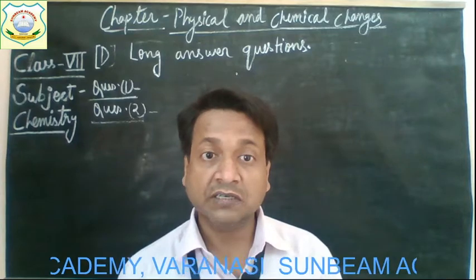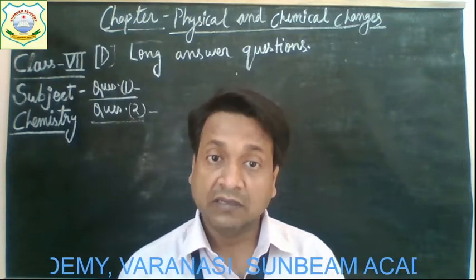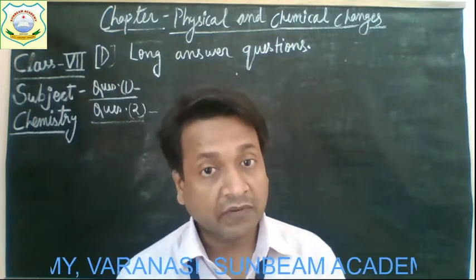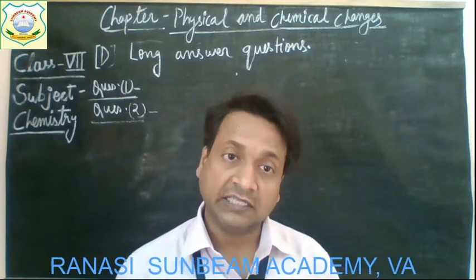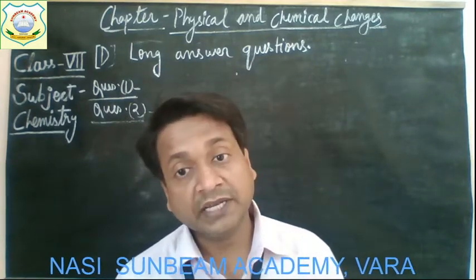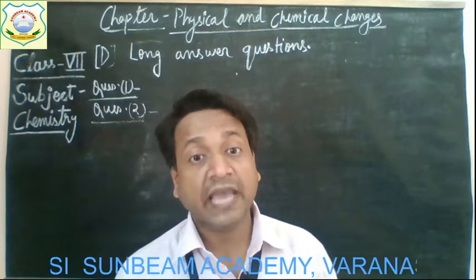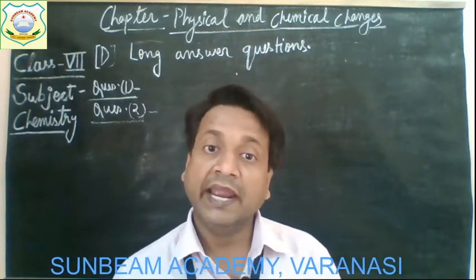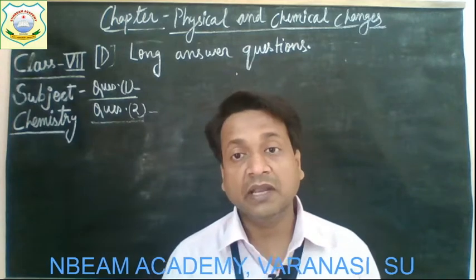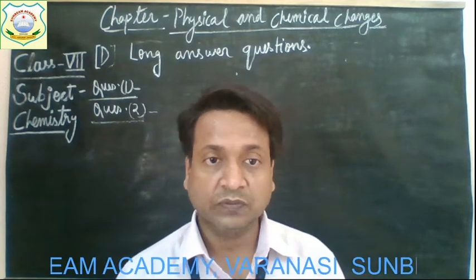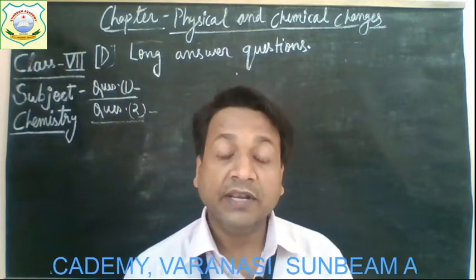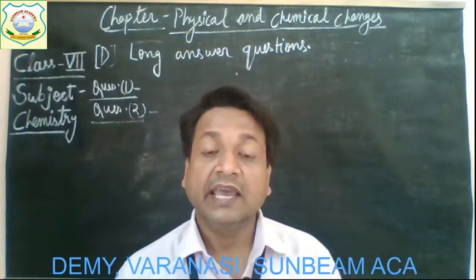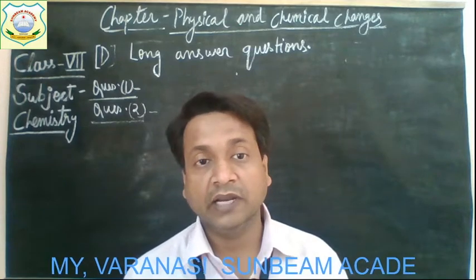So in this question you first have to give the answer, what will happen when dilute hydrochloric acid is added to calcium carbonate. After that you have to write which gas will be produced, and write the chemical equation for it also.